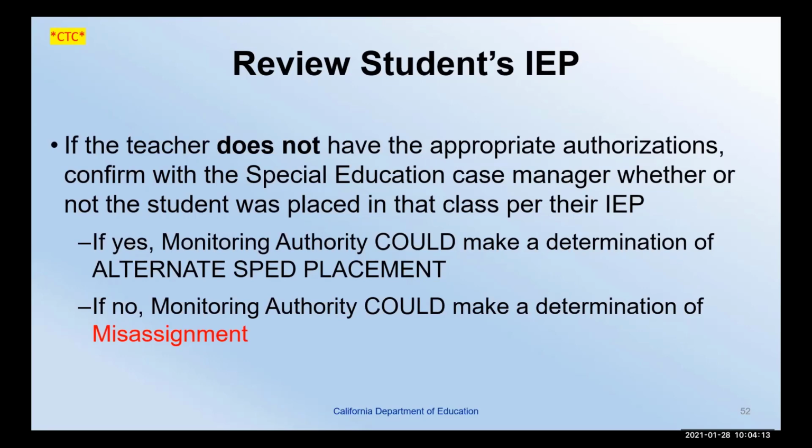If that is the case, the monitoring authority could make a determination of alternate SPED placement when they see this exception. However, if this does happen, the student really needs to be getting the services required by the IEP through pull-in or push-out or some other method, that I'm not aware of, but they need to be getting those services if they are identified. If no, then this would be a misassignment.